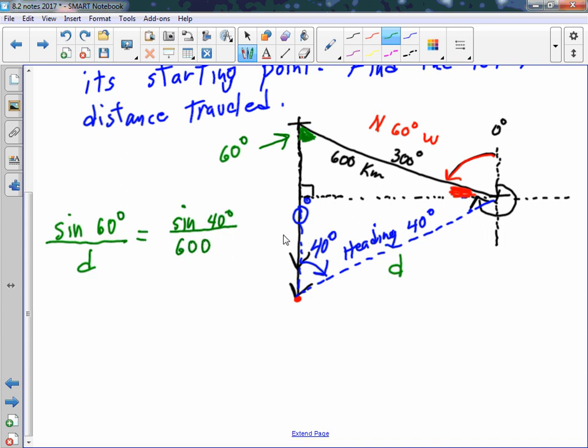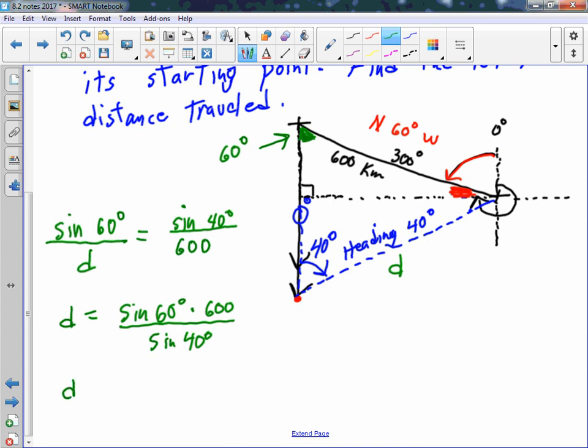So then we can just perform that operation and we can say d equals the sine of 60 degrees times 600 divided by the sine of 40 degrees. Not too bad.